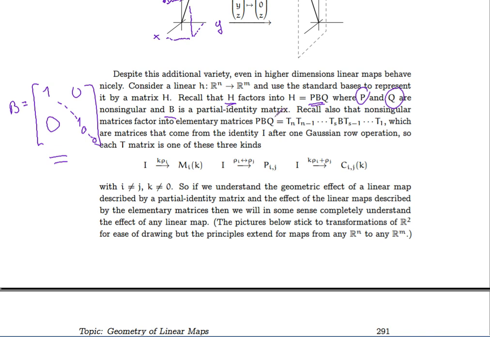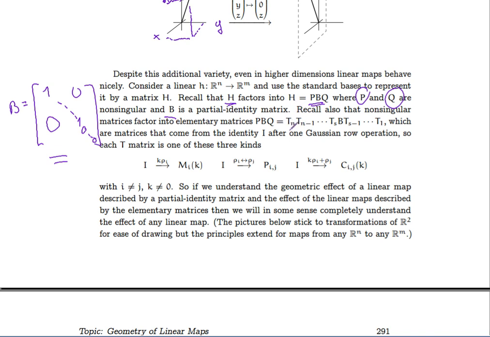So I can write arbitrary H as a sequence of elementary matrices times a partial identity times another sequence of elementary matrices. And in order to characterize geometrically what linear maps do, I can get there by characterizing geometrically what the different types of elementary matrices do.